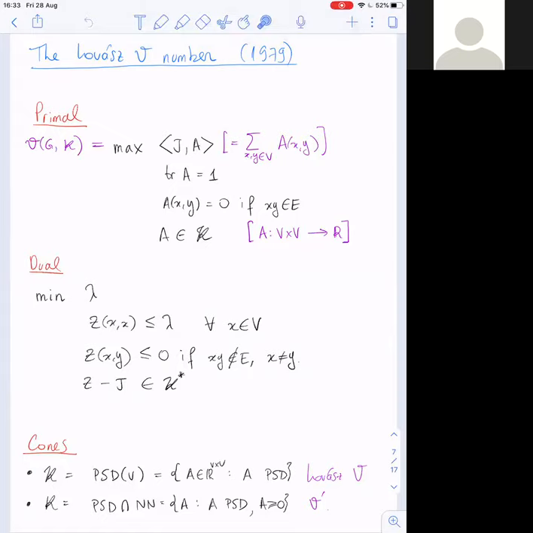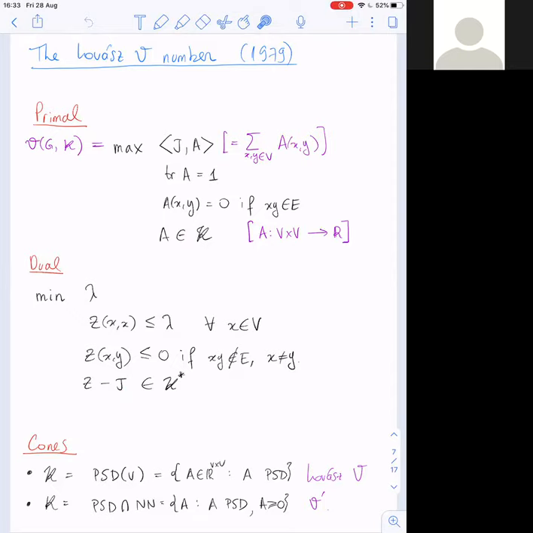And the matrix Z minus the all ones matrix J has to be in the dual cone of K. If you remember, the dual cone is the set of all matrices that have non-negative inner product with the matrices in K. So Z minus J has to be in the dual cone of K.